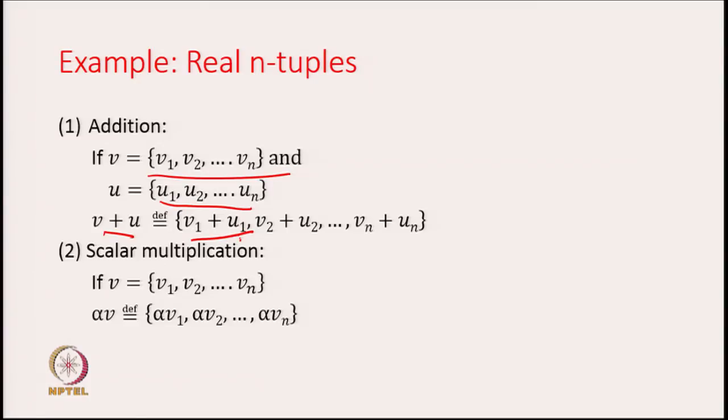You can define the scalar multiplication as simply multiplying each element by this scalar. So, this scalar multiplication is also easy. Now, I leave it to you to prove that if I define the vector addition in this way and scalar multiplication in this way, then this satisfies all the properties of a vector space. So, you can prove this yourself.